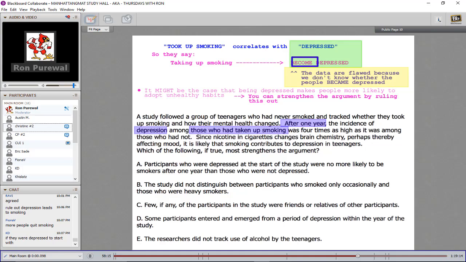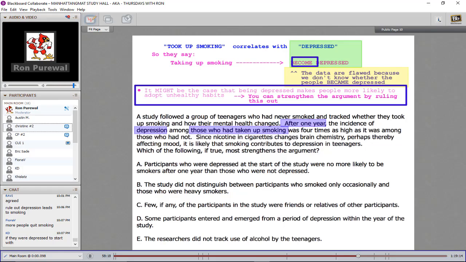Because people who are already depressed would mean it's much more likely that the argument goes the other way. So in fact, you could view it either way of those two. Like if the depressed people were already depressed, then the direction of cause and effect is the other way. Depression causes people to take up smoking.